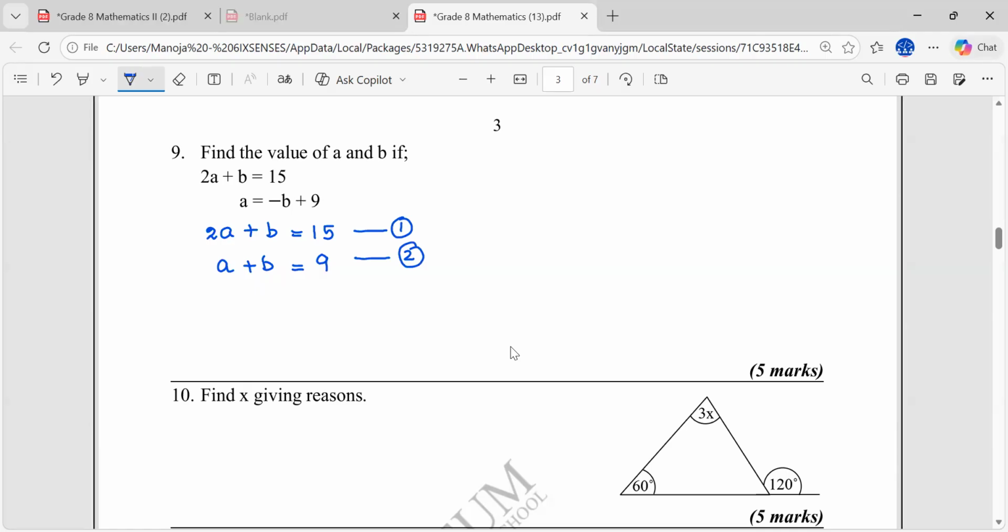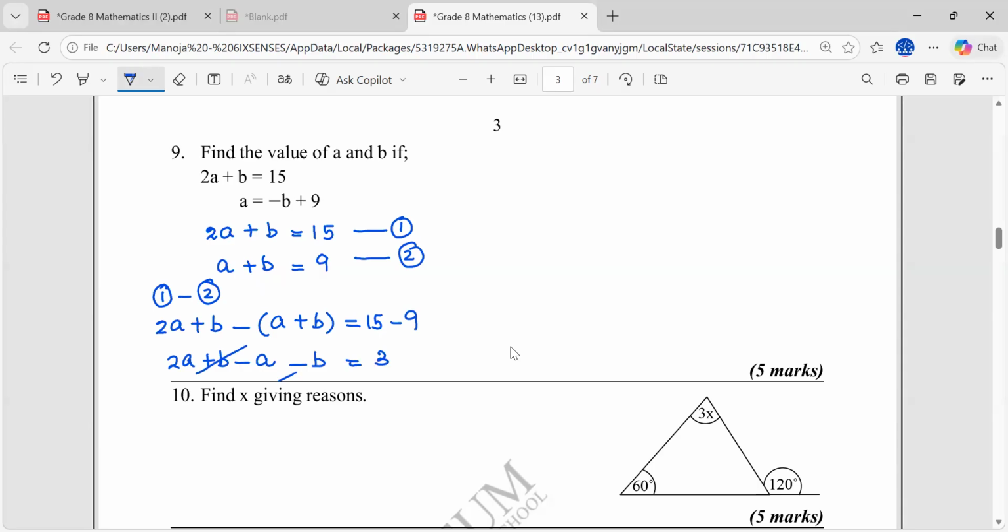Then I deduct equation 2 from 1. How do you do that? 2A plus B subtract A plus B equal to 15 minus 9. So then 2A plus B minus A minus B equal to 3.